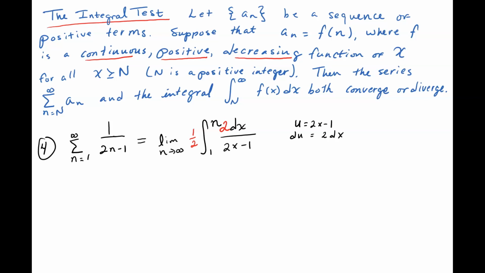All right, so let's see what this looks like. I'm going to end up with, again, the limit as n goes to infinity. I have 1/2 on the outside, and then this right here represents du, and this right here represents u.